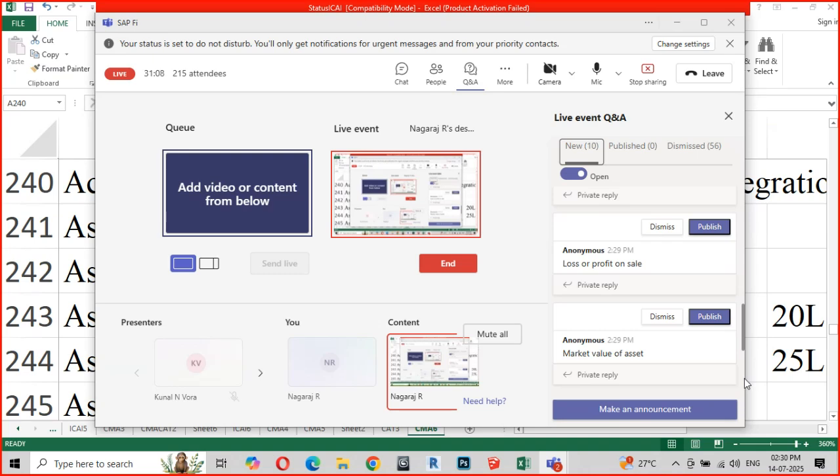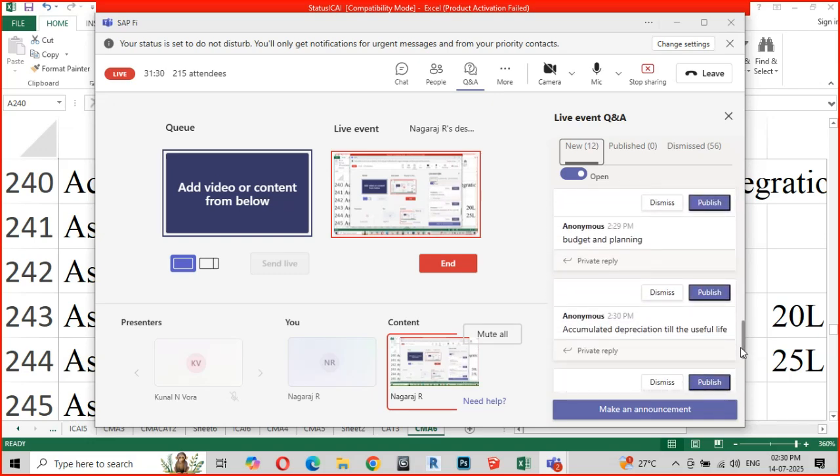Now just tell me if my point is logical enough or not. Now I am producing a product. I have paid money to buy the plant and machinery, and I'm producing the goods using that plant and machinery.